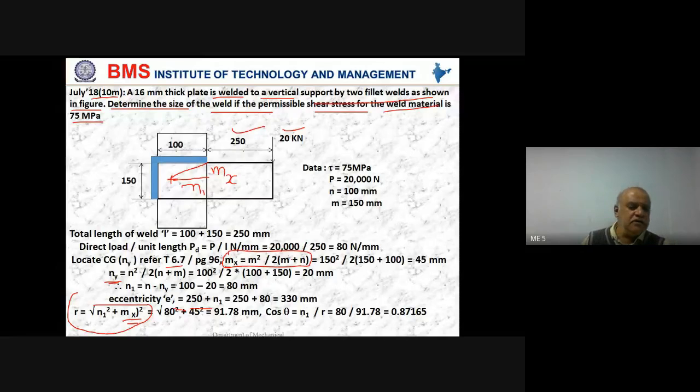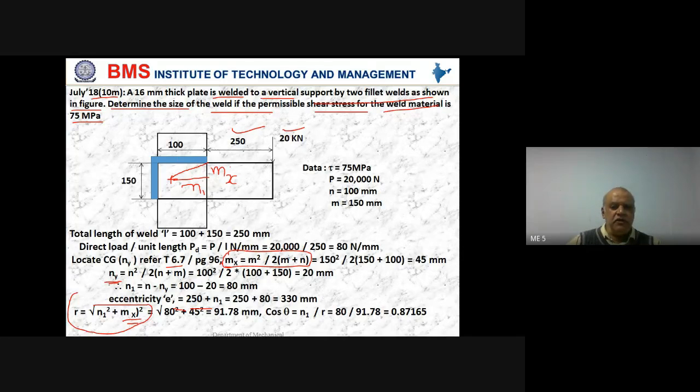Anybody, any doubt in this? Just look at the sketch in the data handbook. You will get MX is equal to M square by 2 of N plus M, and NY is N square by 2 of N plus M again.